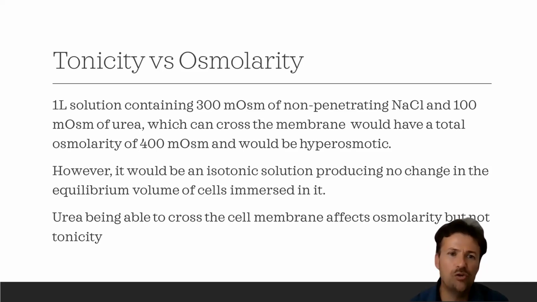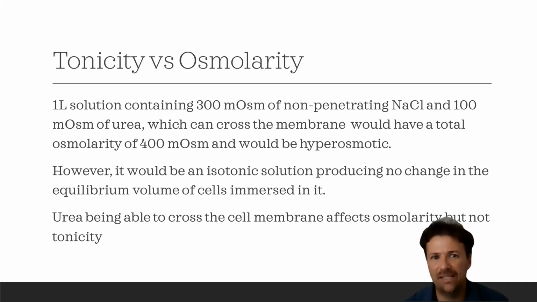So when you place the cell into that solution, the urea is going to diffuse and distribute itself between the intracellular and the extracellular fluid, and it's going to reach a balance point where the size of the cell will not change. Initially, when you place the cell in the solution, because the solution is more concentrated, it's hyperosmotic, water is going to leave the cell and it's going to shrink a little bit.